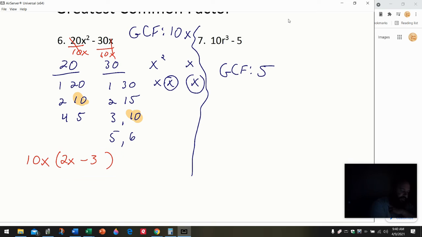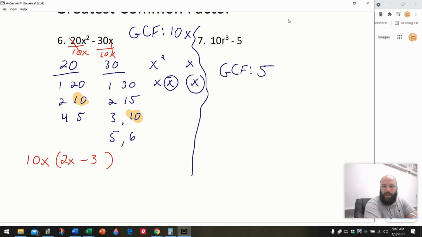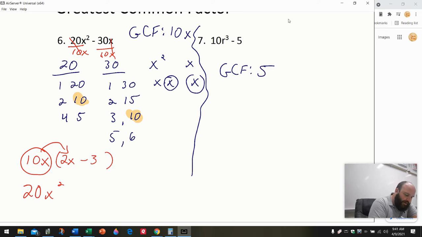Now, how do we know this is factored? Well, the way that you can check to see that you did this correctly is to redistribute the GCF. So if I took this 10x and I multiplied by 2x, I would end up with 20x squared. And then if I took this 10x and I multiplied by negative 3, I would end up with negative 30x.